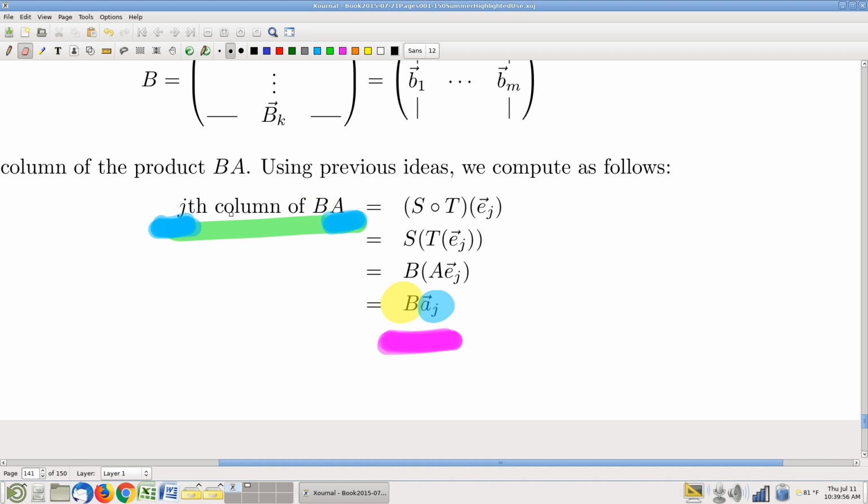Now, what is this formula for matrix times vector? Well, we have two points of view on it. The first point of view, my favorite, is that matrix times vector is a linear combination of the columns of the matrix. So we're going to be taking linear combinations of the columns of the left matrix, using the corresponding column of the right matrix as our coefficients.